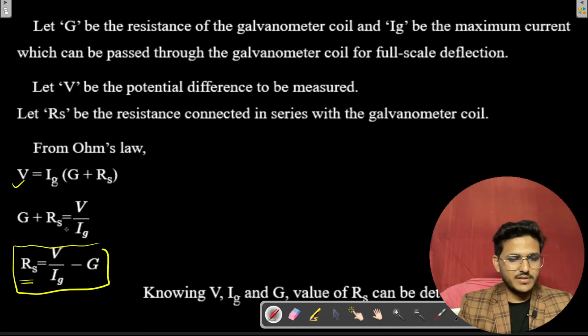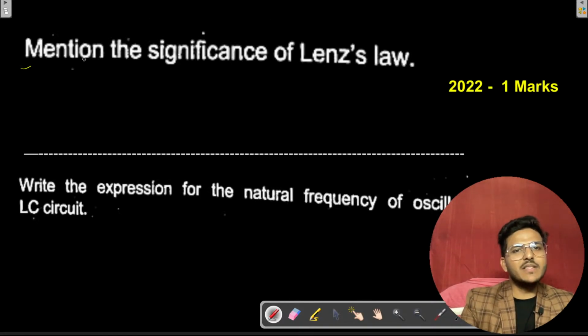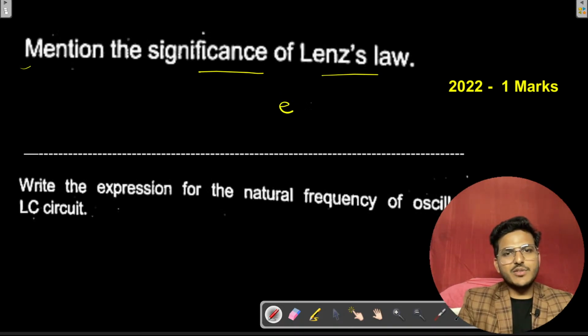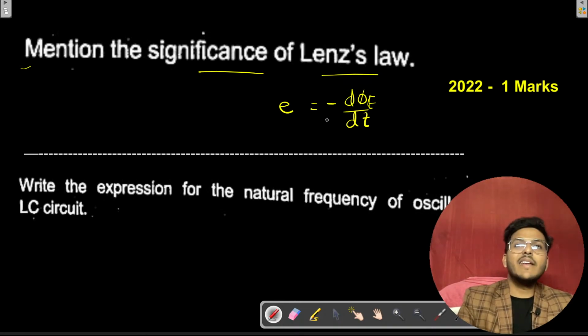Moving to next, mention the significance of Lenz law. As you know, EMF equals minus d phi upon dt. A rate of change of magnetic flux leads to an EMF across the solenoid, and Lenz's law tells us that it is negative.